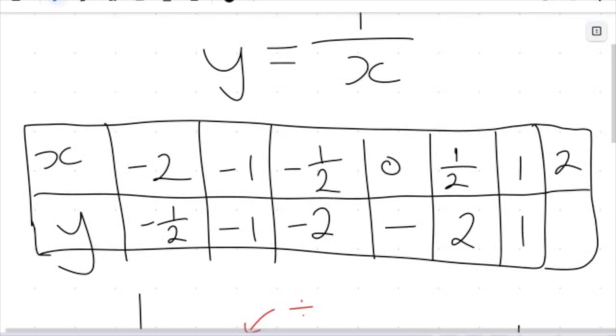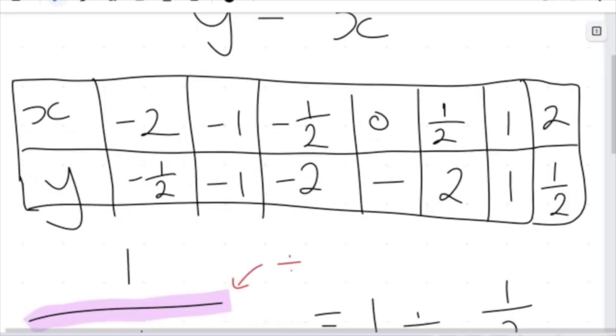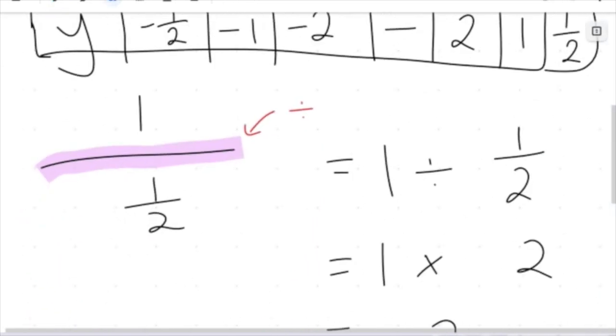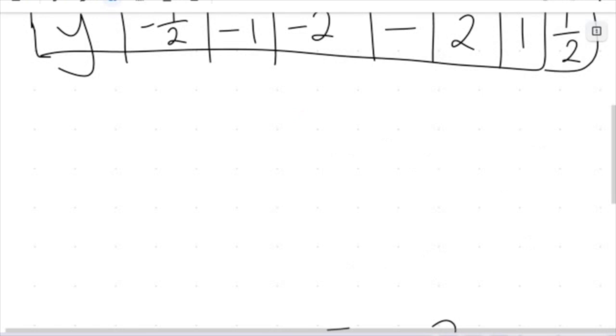And then substituting in x is 2 gives me 1 over 2. Okay, so let's actually draw the initial skeleton structure of this particular function.